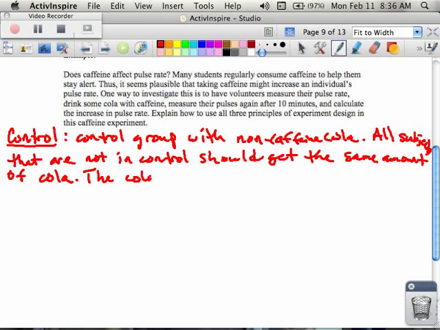The cola should be served at the same temp. You don't want it to be ice cold, you want it to be warm.